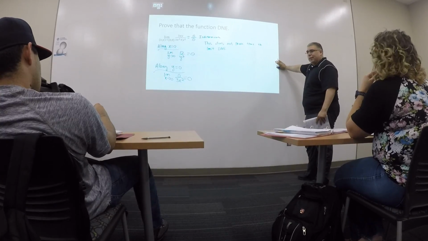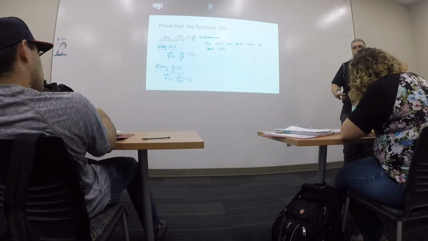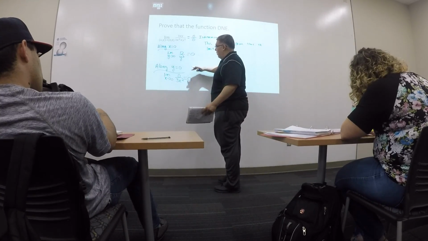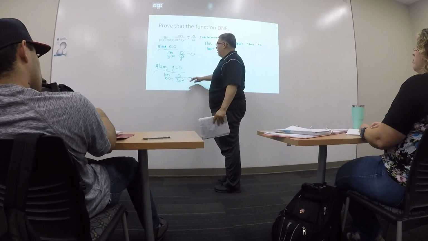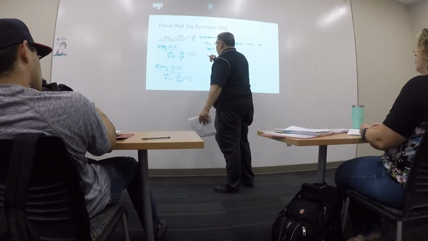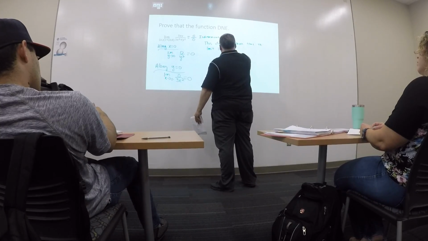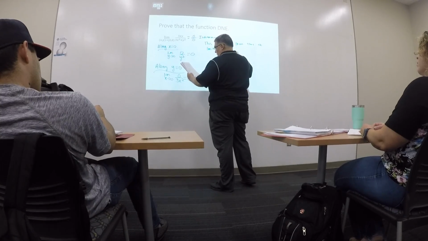So what do we do? What if this happens? If you get the same limits equal to 0, they're equal to the same limit along these two paths. That does not prove that the limit does exist, and this does not prove the limit does not exist, okay?